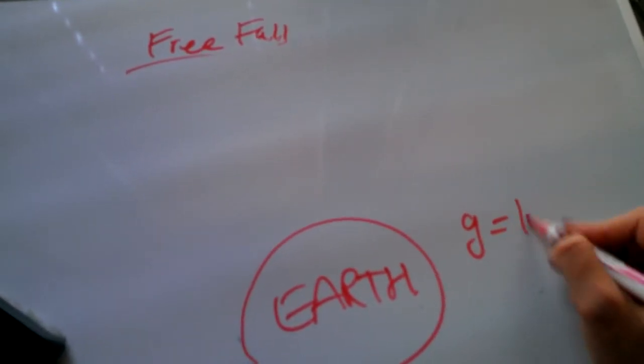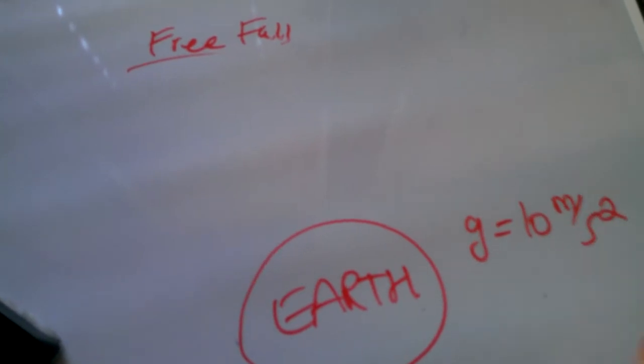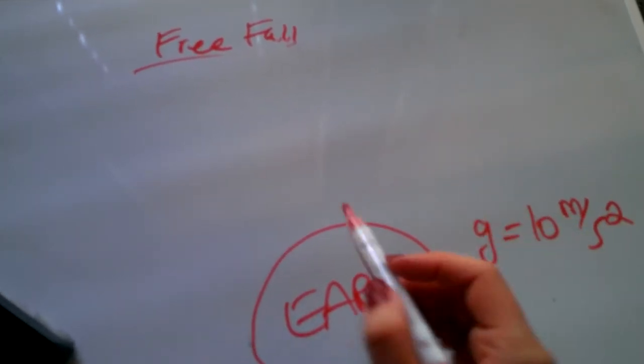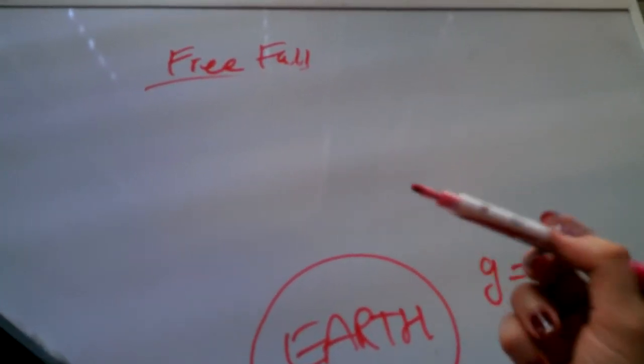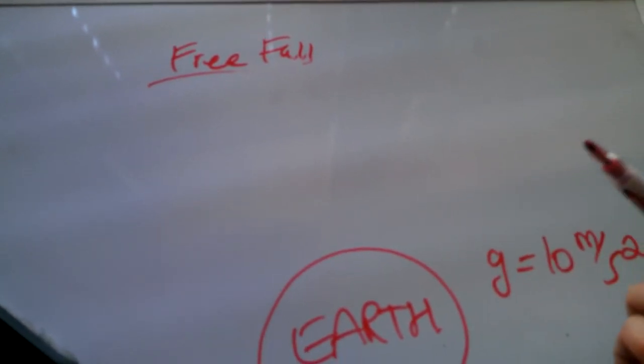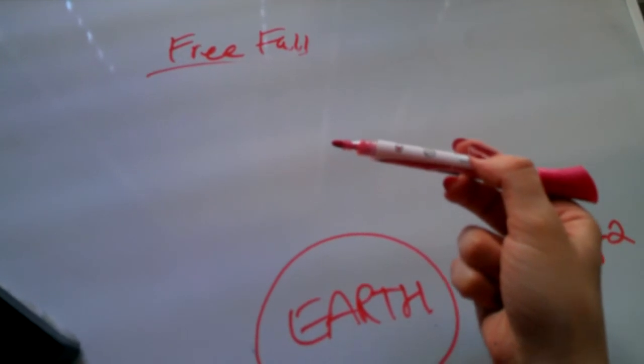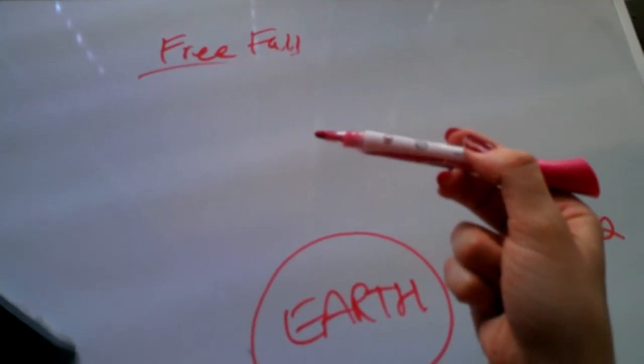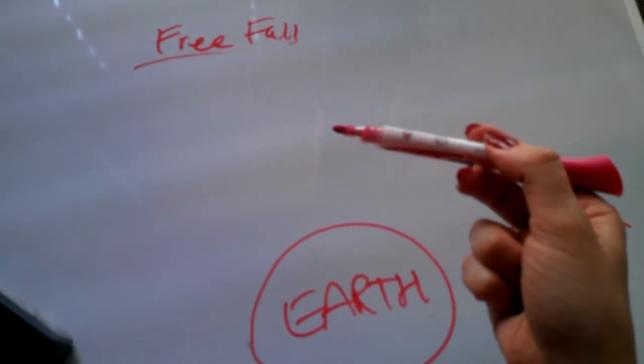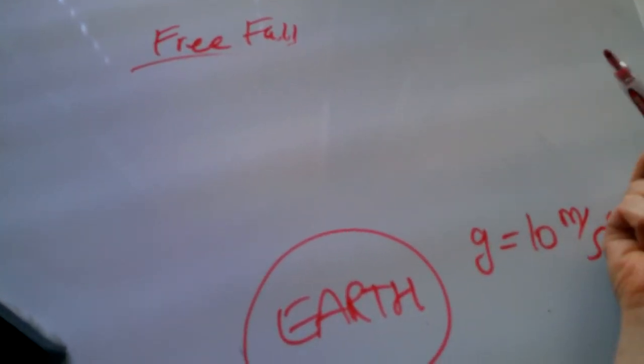the acceleration due to gravity is 10 meters per second squared. And so let's see. Well, in all the problems and examples, I told you I'm dropping something. So you're used to having the velocity increasing all the time.